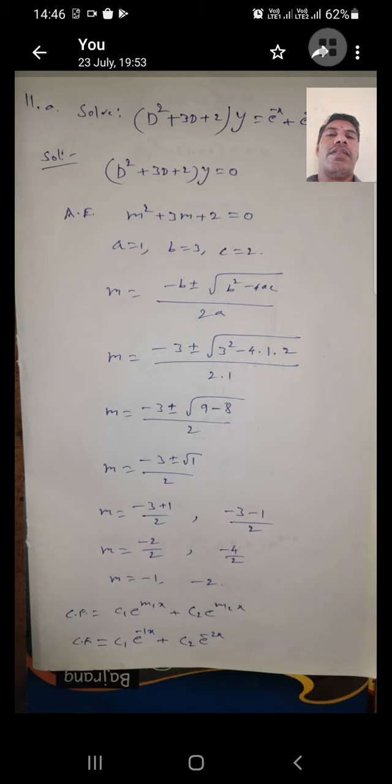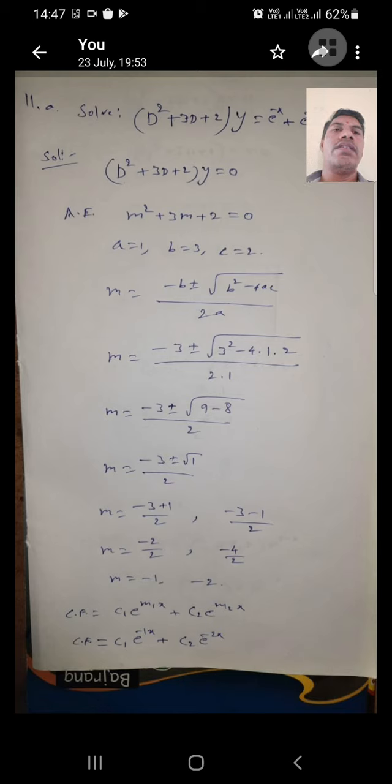So if equal to 0 is given in a question on the right side, then we need not find a PI. But when, instead of 0, terms like e power x or sin x are given, then we have to find the PI also.